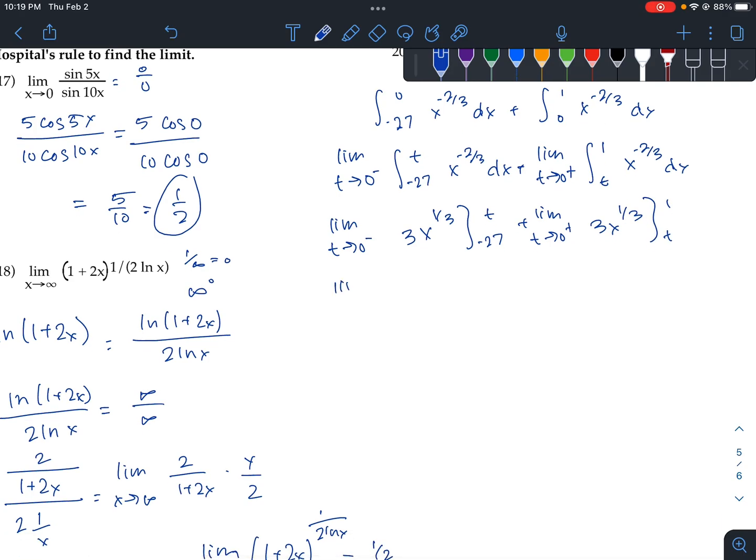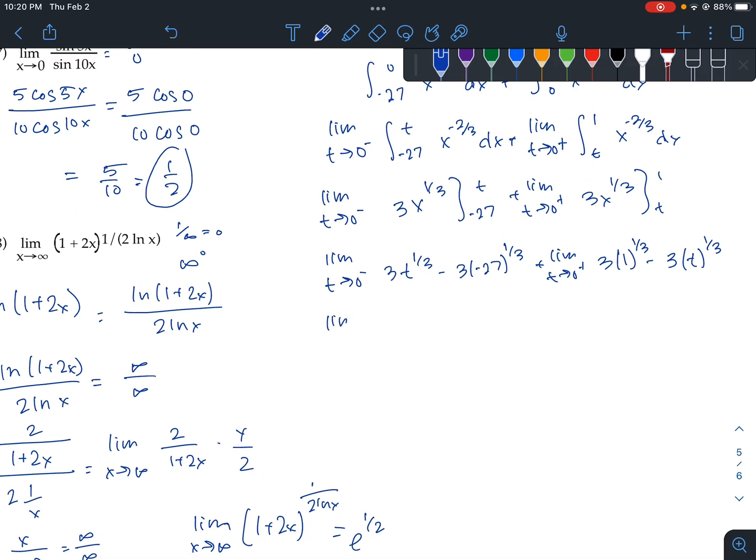So I have the limit as t approaches 0 from the left of 3t to the 1/3 minus 3 negative 27 to the 1/3 plus the limit as t approaches 0 from the right of 3 times by 1 to the 1/3 minus 3 times by t to the 1/3.